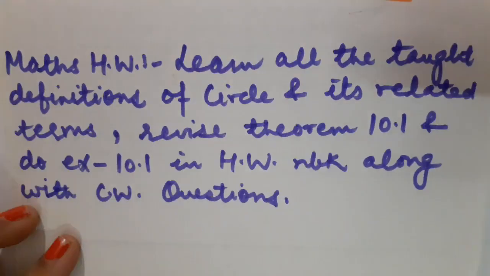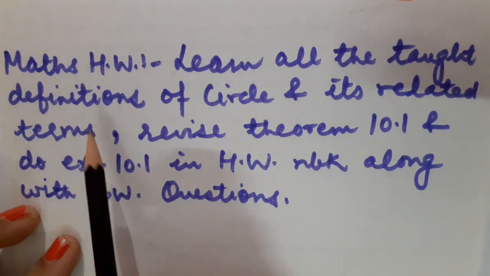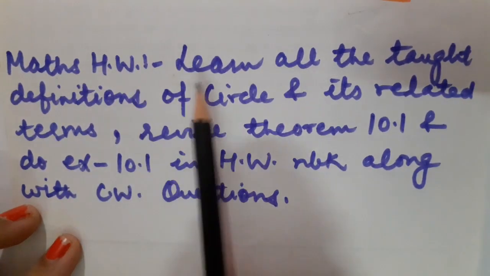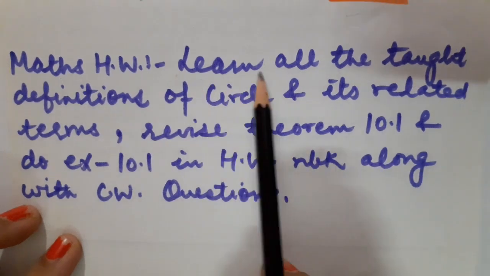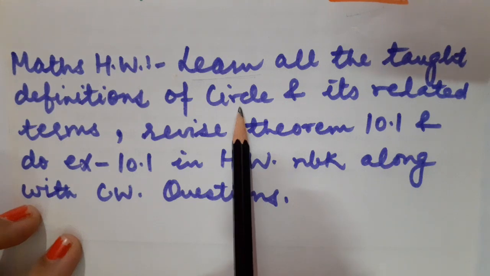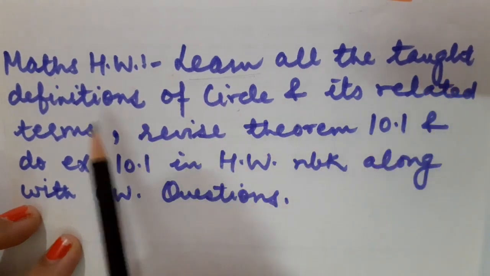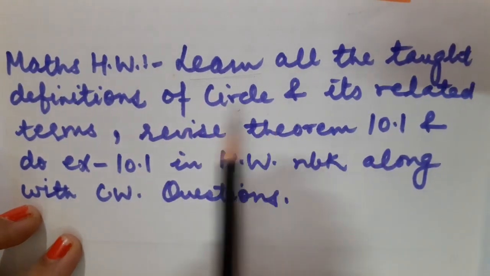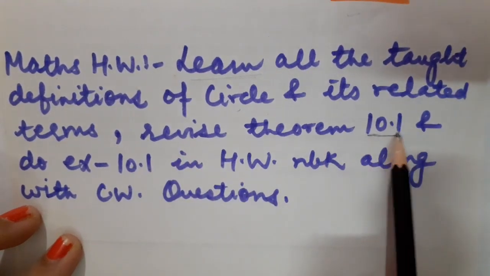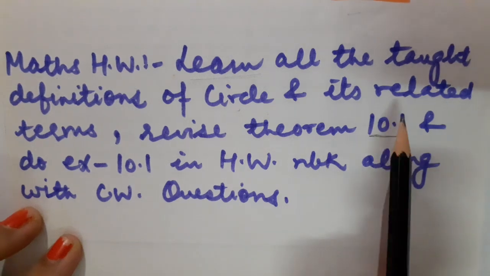Fine, students? So that's it for the day. Now this is the time to get mathematics homework. Please write down your maths homework. Children, whatever definitions I have just explained to you related to the circle and its related terms, you have to just learn all those definitions. And you have to revise theorem 10.1. Please do it twice, one time in your homework notebook and one time in your practice notebook.